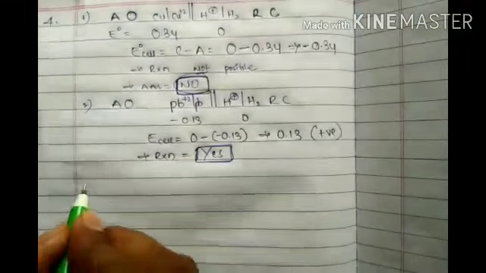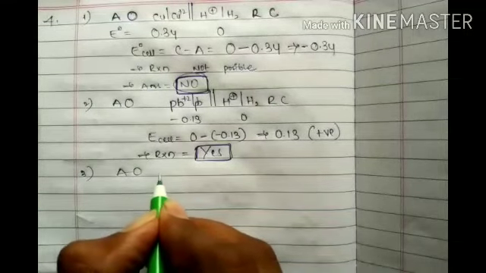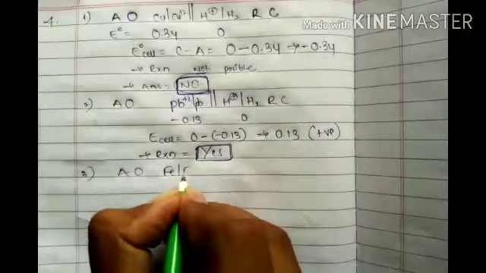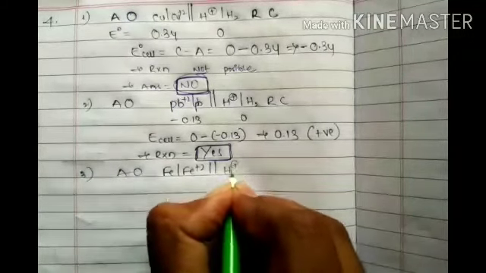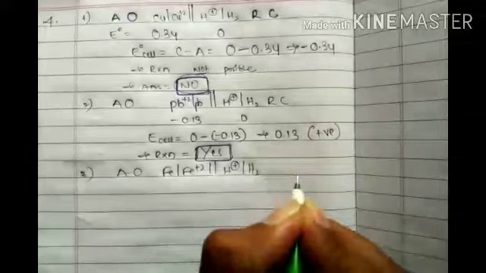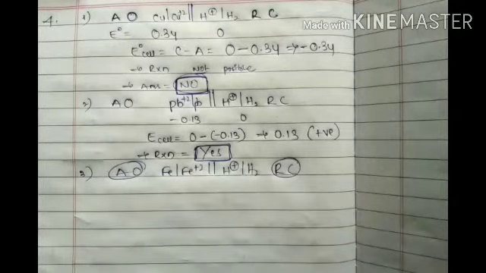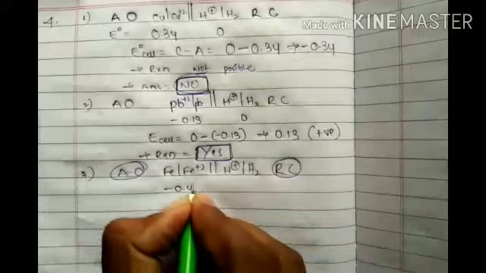Now next, third one. Anode: Fe plus 2, salt bridge, H plus, H2 gas, cathode. AO RC don't write. I am writing, but you don't write. Fe how much they given? Minus 0.44 they given. And this is 0.